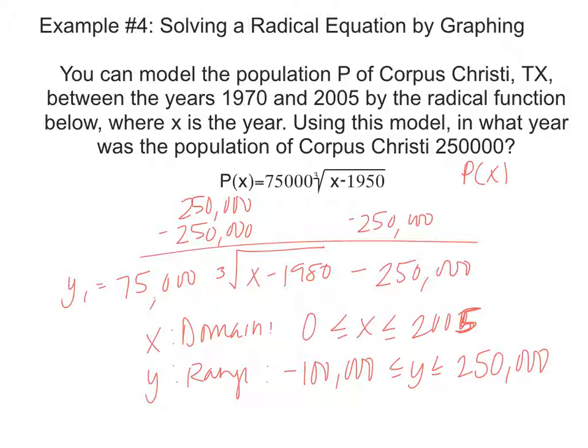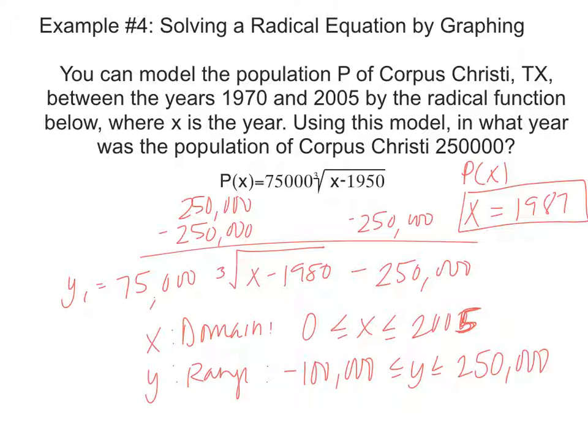And that gives you just enough to where when you graph and you do second trace, go to 0, do left bound, right bound, and you will get that x. That year is going to be 1987, the year that had a population of 250,000.